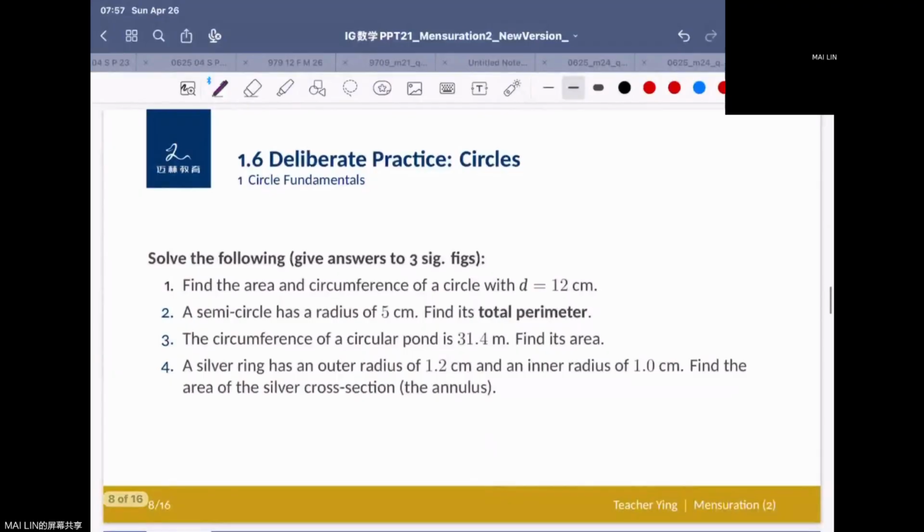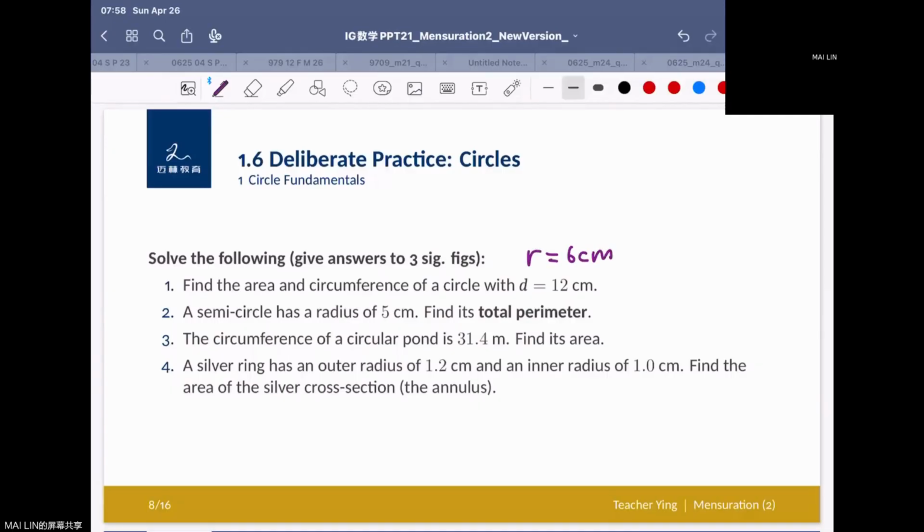Okay, and finally we have some deliberate practice here, okay? So you can first try it yourself if you want, but if you want to follow with me, you can keep on going, okay? So the first problem is the area and circumference of a circle with diameter equal to 12 centimeter, right? So for d, you can set equal to 2 times radius, right? So here, radius equals 6 centimeter, okay?